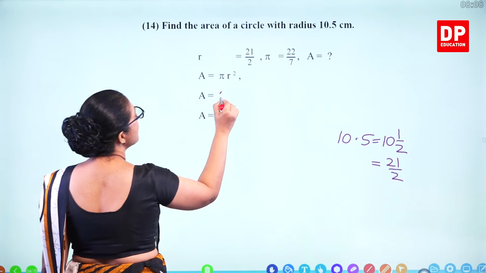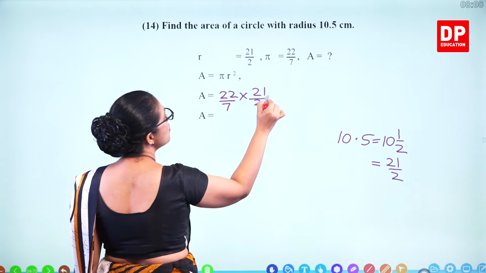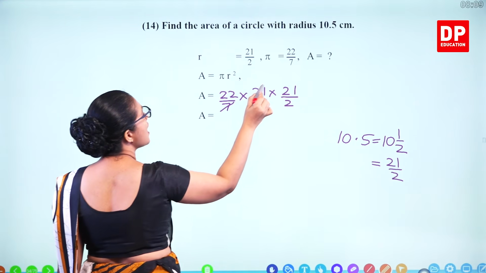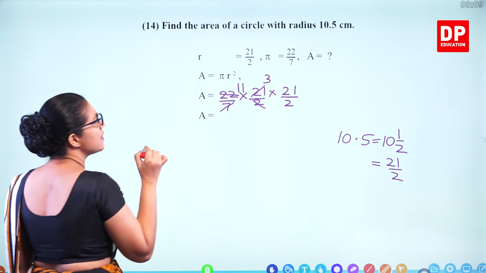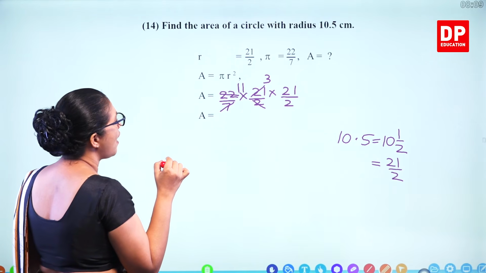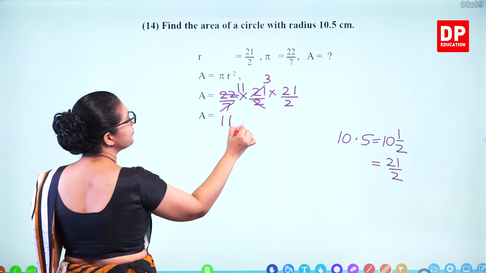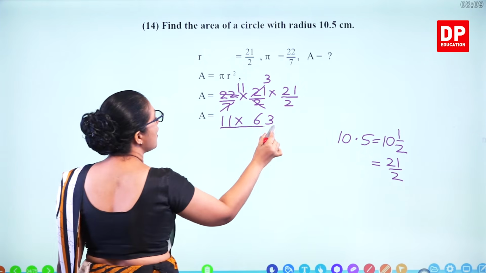So pi, that's 22 over 7. R is 21 over 2 and 21 over 2. 7 times 3. 2 times 11. And we can't simplify further. So we'll multiply 3 times 21, 63, and divide by 2.